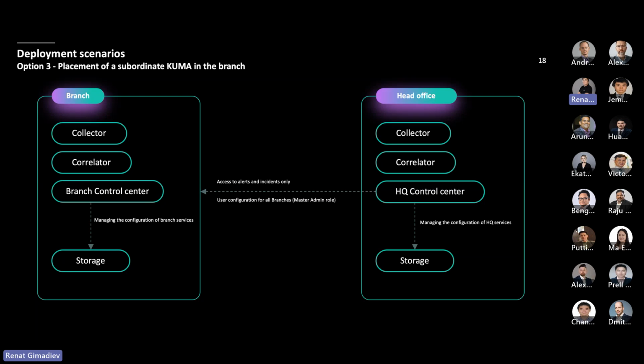So no more data will be transferred between the subordinate KUMA and the main KUMA. So in this case, we don't need high bandwidth between different branches, and it's good news for our partners who might use this scenario in real life.